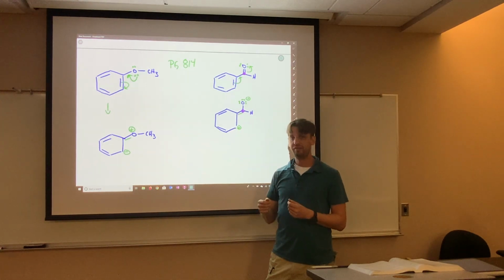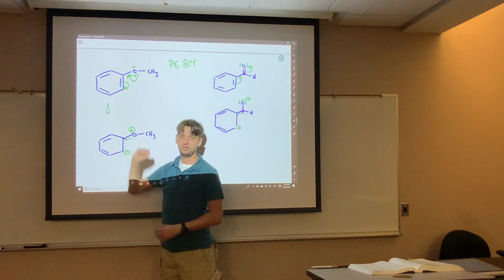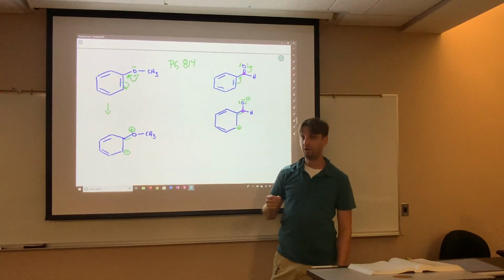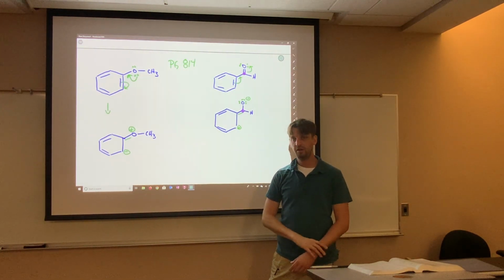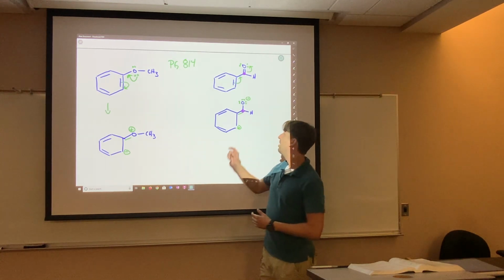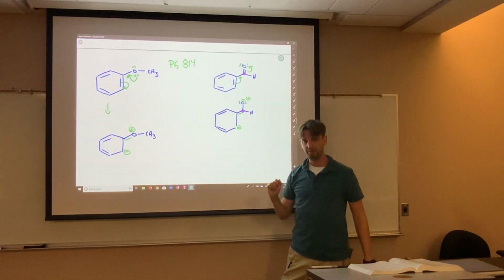If you are an activator, then you're going to be ortho and para directing. Para is going to be preferred based off of sterics in 95% of the cases, right? Deactivators are going to put things in the meta position.